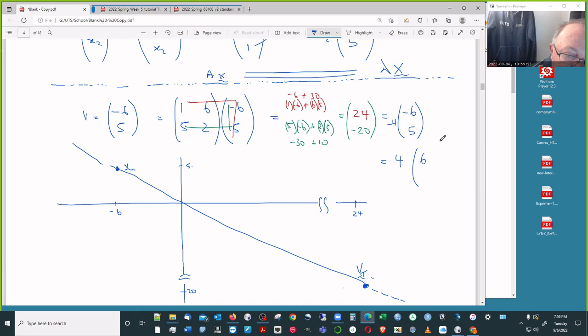If I factorise the 4, I'd have to have 6 there and -5 there. Now that 6, -5 is a different vector. That's a different vector. Okay?